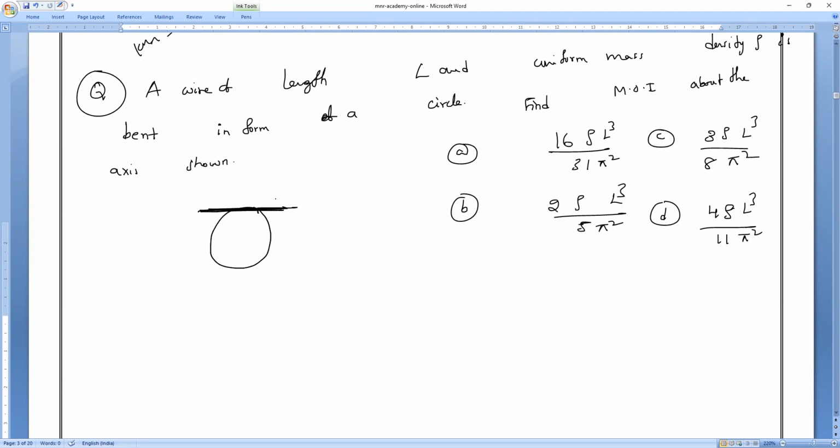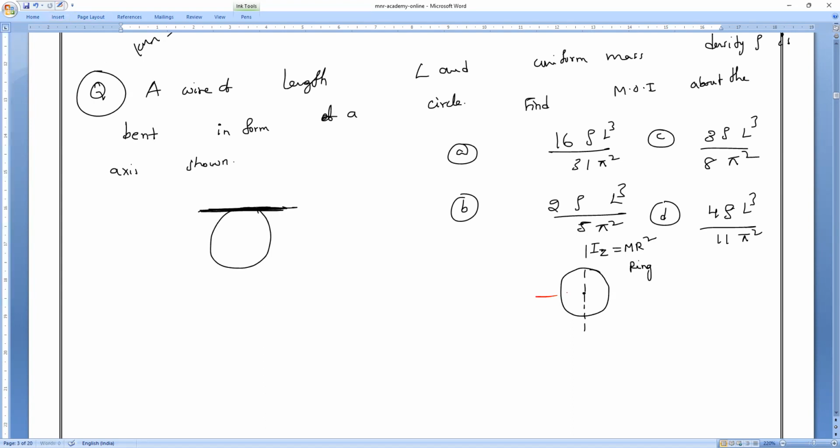So you all know the ring, perpendicular to the plane, the Z-axis. So what is the moment of inertia of a ring? You all studied it. It is M R squared, correct or not?